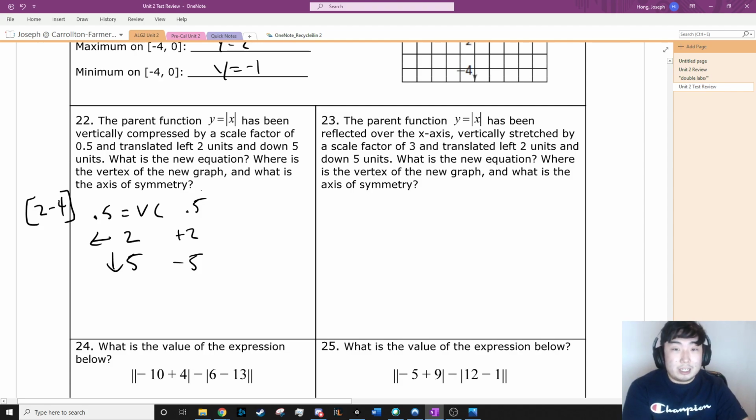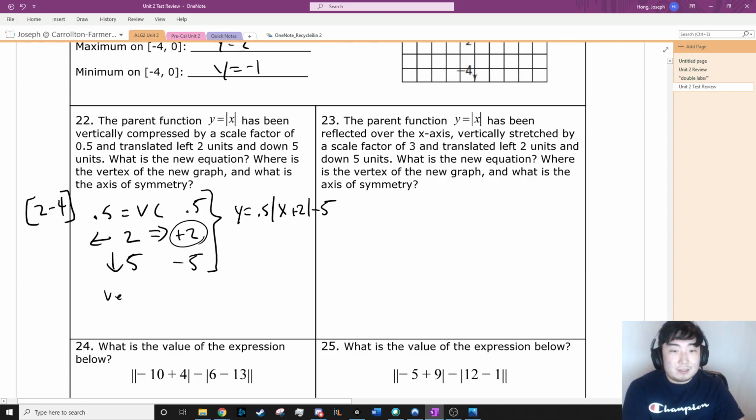So I can take all of these and I can make an equation. Y is equal to 0.5 absolute value x plus 2 minus 5. And the reason why I got +2 is because I have to think opposite from here. It's going to the left, towards the negative direction for my x-axis, so I have to think of opposite.